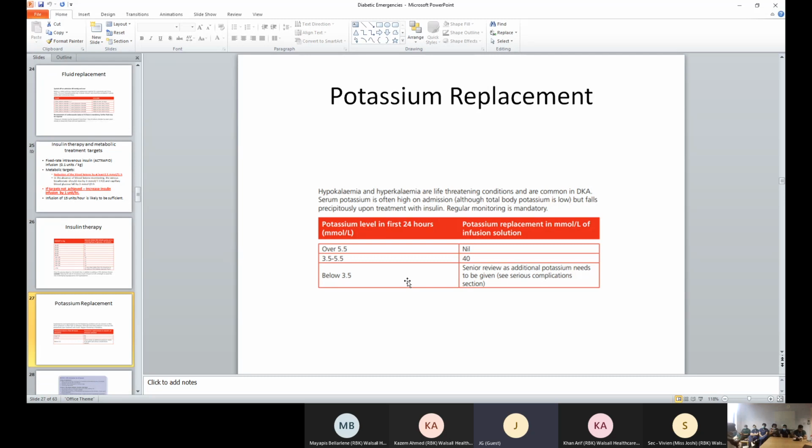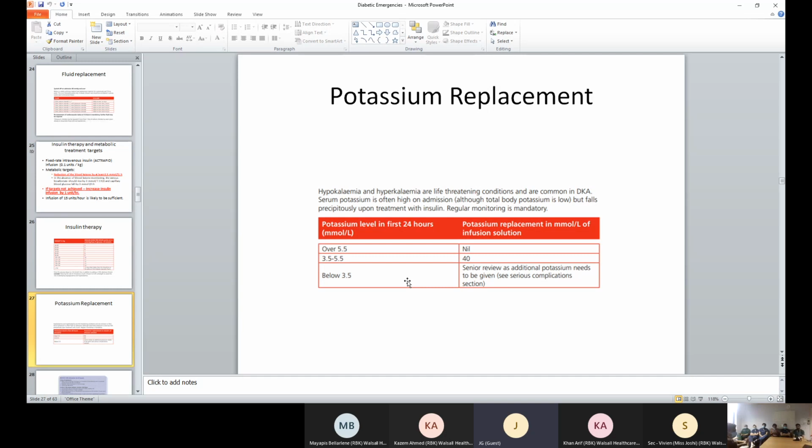On top of that, the other source of potassium replacement needs to be established, and that needs to be done quickly in the first 1 hour. I will wait for the insulin to be started, pause for at least 1 hour for this to be addressed. And once the potassium issue is addressed, then you are going to start the insulin infusion.